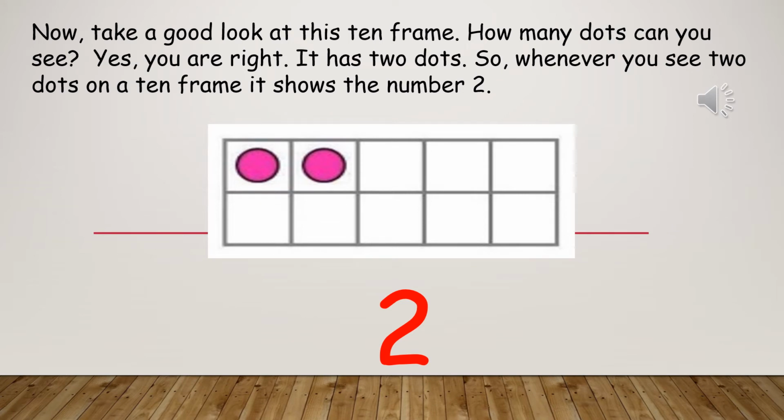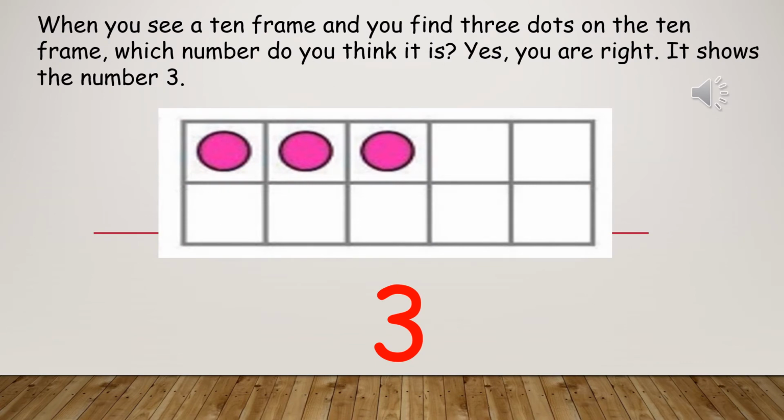Now, take a good look at this 10 frame. How many dots can you see? Yes, you're right. It has 2 dots. So, whenever you see 2 dots on a 10 frame, it shows the number 2.